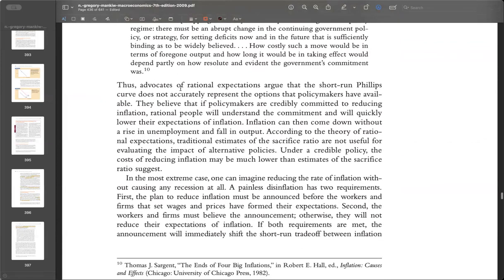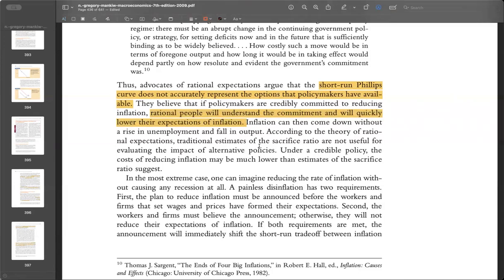All right, so one of the key ideas here is that the short-run Phillips curve, if rational expectations are correct, doesn't accurately represent the options that policymakers have available. If policymakers are credibly committed to reducing inflation, rational people will understand this commitment and quickly lower their expectations of inflation.